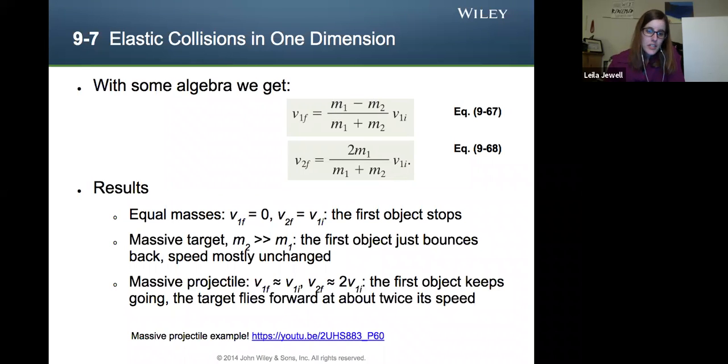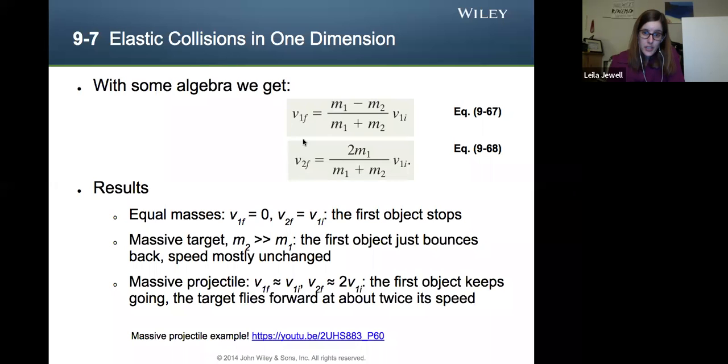And we can test this out for a few different scenarios, right? One is we could test it out if m1 is equal to m2, if we have equal masses. If they are in fact equal, then notice m1 minus m2 is going to become 0. So our final velocity of particle 1 is going to be 0 as well. First object's going to stop.